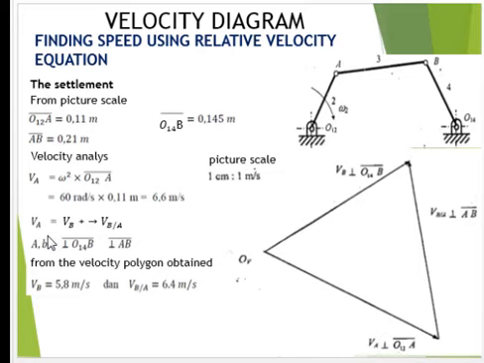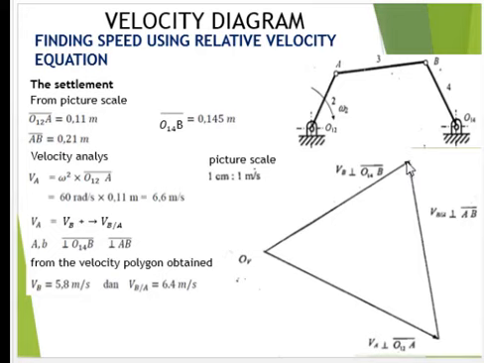And then as you know, VB is equal to VA plus VB relative to A. This is VBA. This is VB. This is VA.